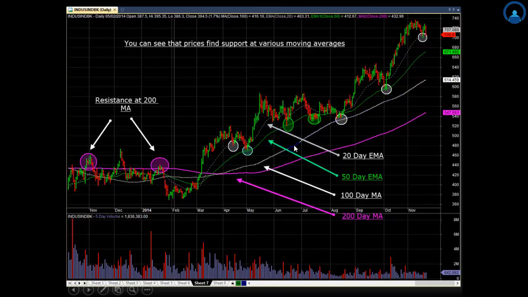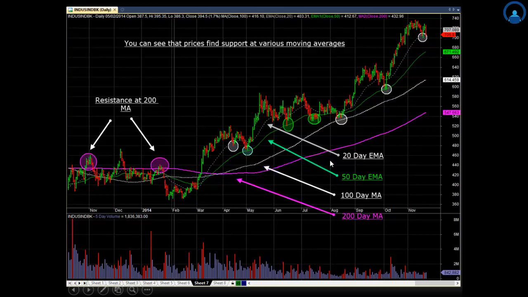This white dotted line is the 100-day simple moving average, and since it covers a larger set of data to calculate its value, it is not as flexible as the 20 or 50-day moving average. Nonetheless, it is much more flexible and closer to price data as compared to a 200-day moving average.